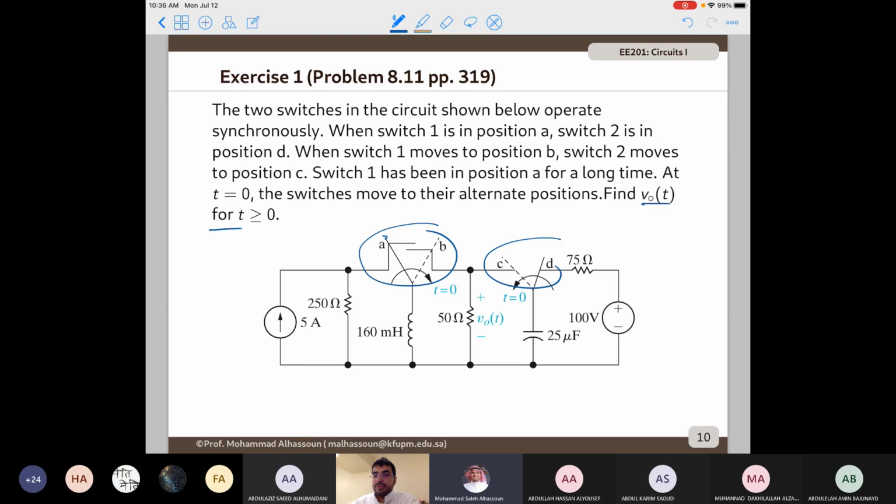In this circuit, always the very first thing I encourage you all to do is what? Hadi? Draw the circuit. Yes, exactly. We need to draw the circuit. So let's draw the circuit for t less than 0.